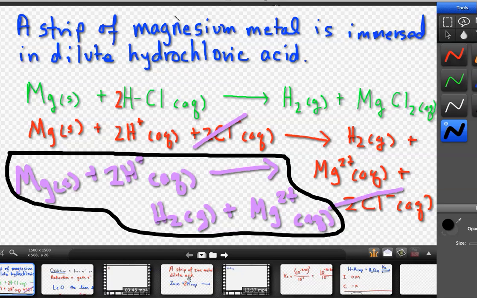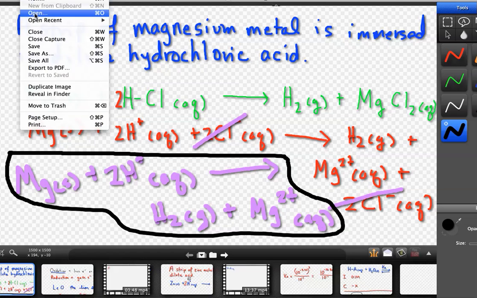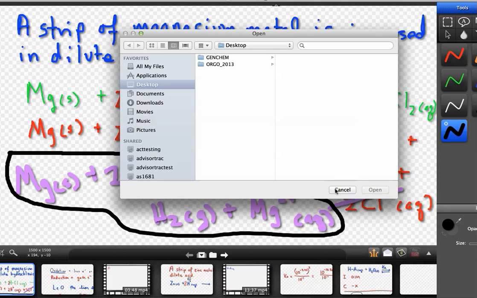We can even take this a step further and draw a molecular cartoon.